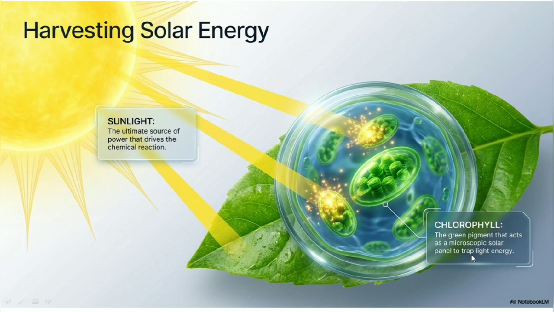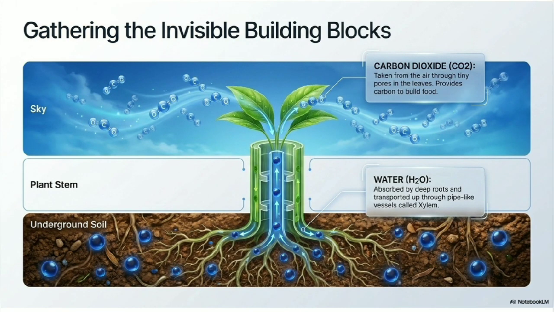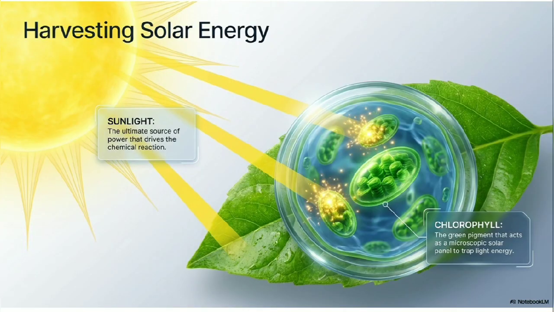So what all we need for photosynthesis? The first one, as we already saw, is sunlight. Sunlight is the main source of energy. Without sunlight, plants cannot prepare their food.